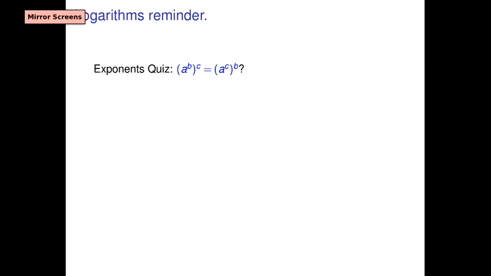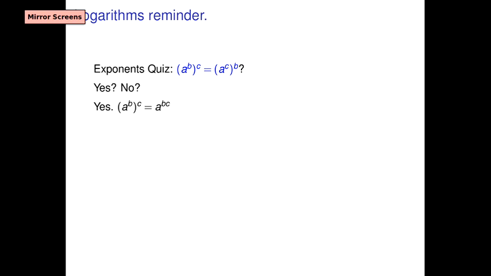So is this true? Who thinks yes? Excellent. This is the left-hand side. That equals that, right? When you take something in an exponent, you're just multiplying it that many times. So how many a's do you have when you do this?